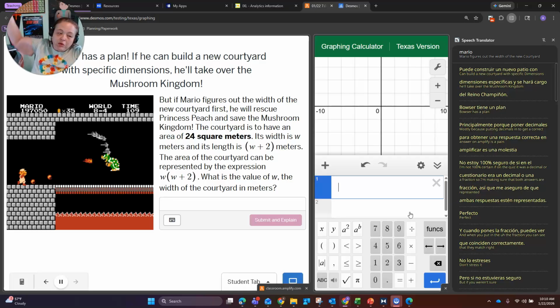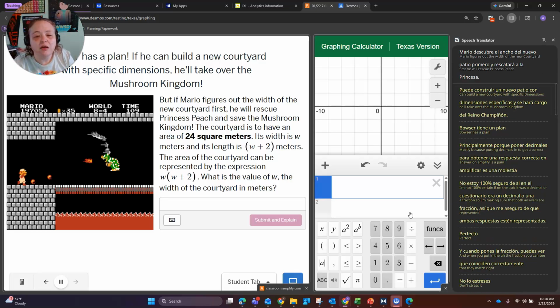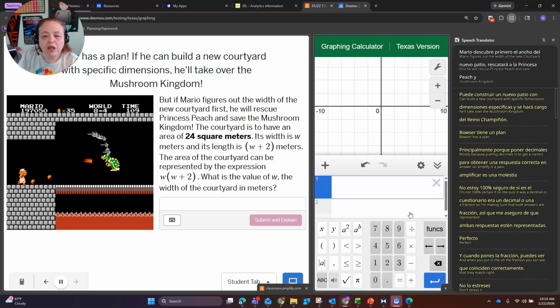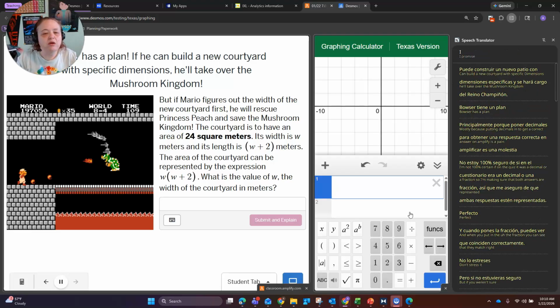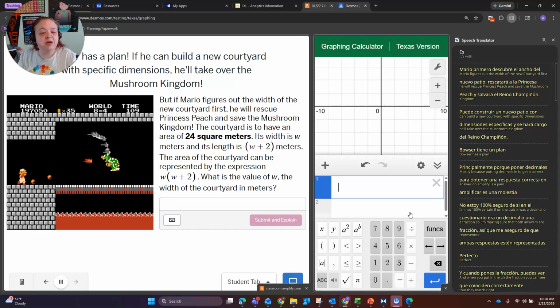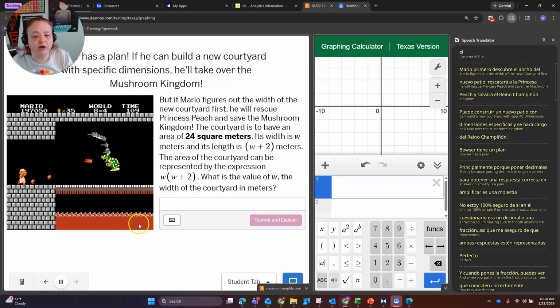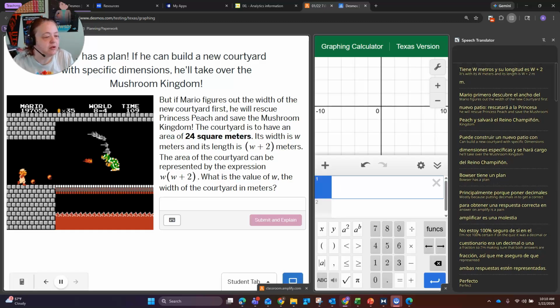I promise I am only a little crazy. The courtyard is to have an area of 24 square meters. Its width is W meters and its length is W plus 2 meters. The area of the courtyard can be represented by the expression W times W plus 2. What is the value of W, the width of the courtyard, in meters?